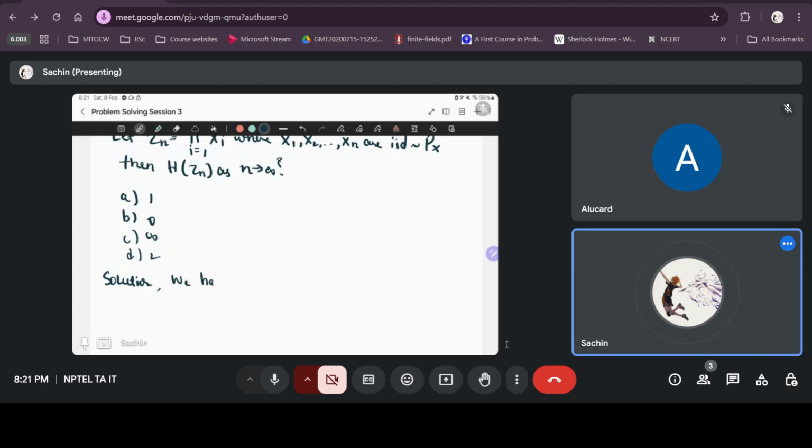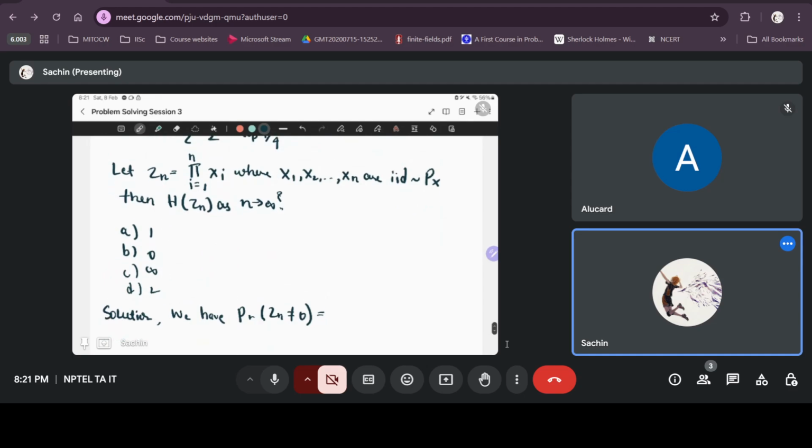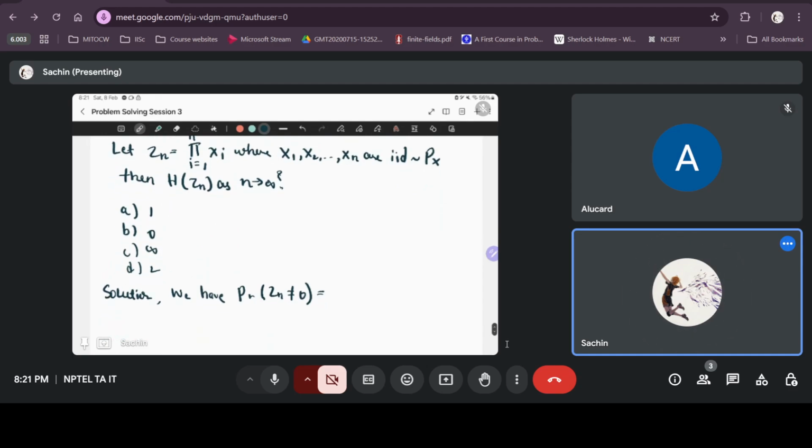We have probability of Zn not being equal to 0 is 1 minus.